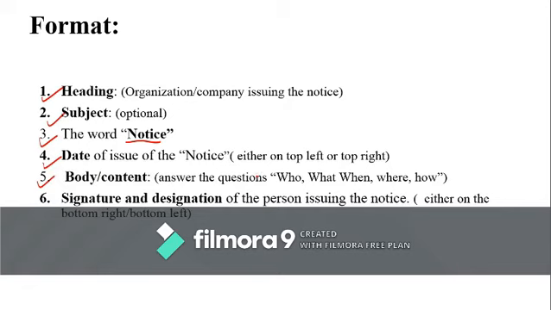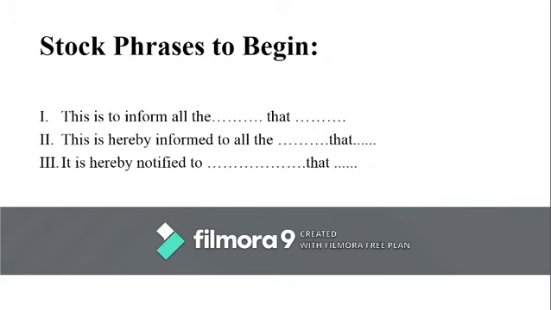For example, the body will answer the questions like who, what, when, where, how, and finally the name and signature and designation of the person writing the notice. So this is the format of the notice. Next, let's see an example of a notice.